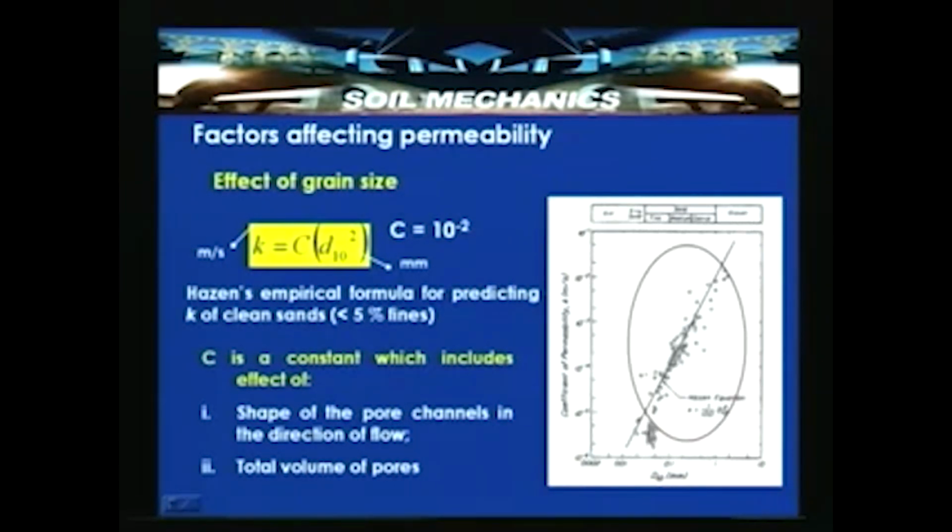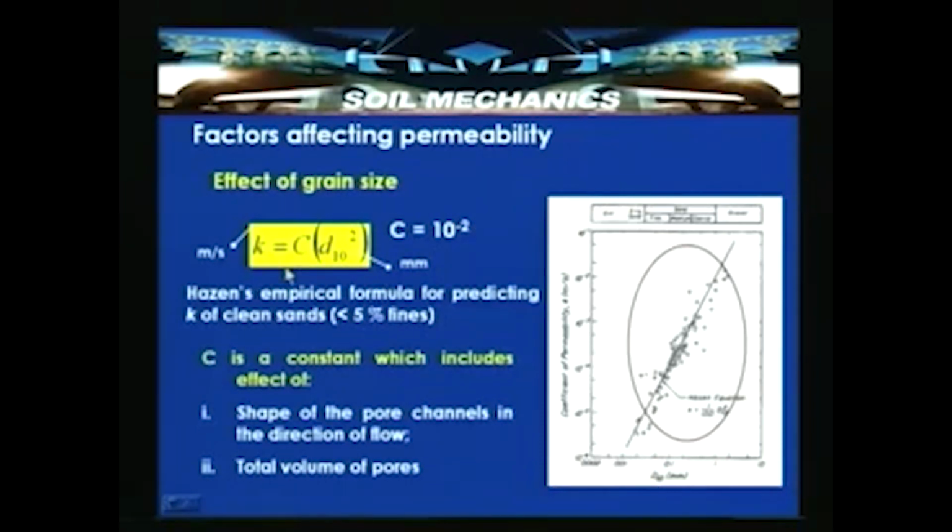Once the values are plotted, the regression equation obtained is named Hazen's equation after William Hazen: k = C D10 square, where C = 10 to the power of minus 2. We can determine the coefficient of permeability in meter per second using C = 10 to the power of minus 2 and D10 in mm.